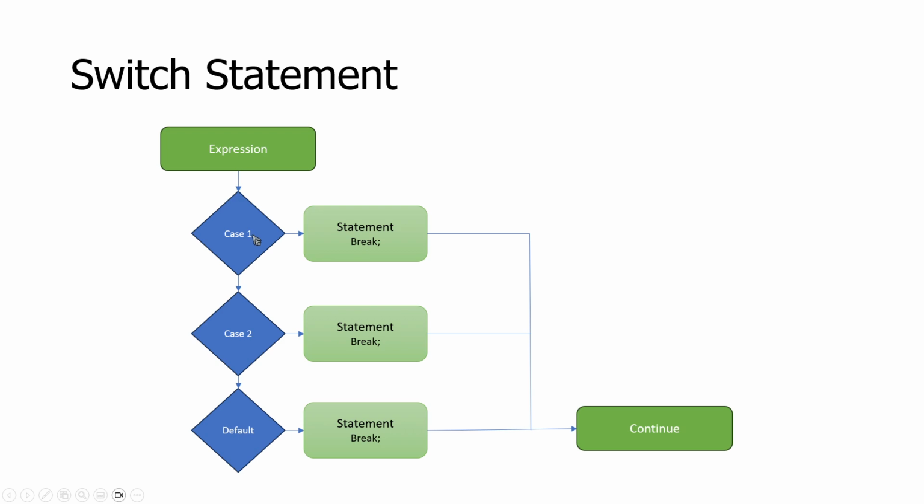If it is equal to Saturday, it will then execute the statement within this case. Then it will break out of the switch statement and continue with whatever code you've written after the switch statement code block. Now, if it doesn't match this case here, it will then go to the next case and do the same thing.